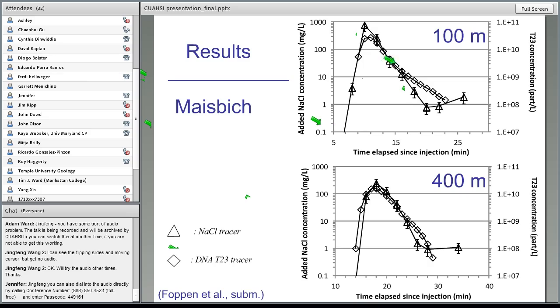Also, the shape of the curves going up and going down, not in every case, but they seem to be quite okay, at least for the rising part of the breakthrough curve. In a number of cases, the falling limbs of the breakthrough curve of DNA were steeper than of salt.